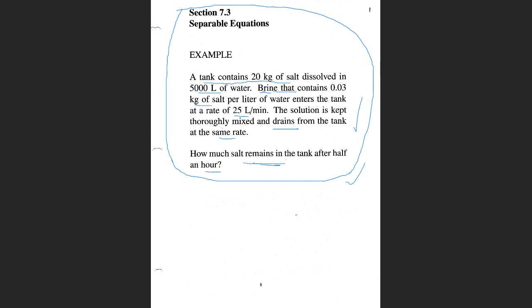So here's how we do it. Let me go to the next page. First of all, I'm going to define y as the amount of salt in kilograms after t minutes. Now we know that the salt content in this tank is going to change because we're pumping in this briny solution, we're mixing it, and we're draining at the same time.